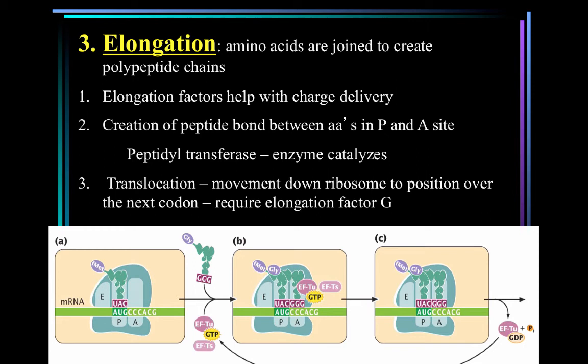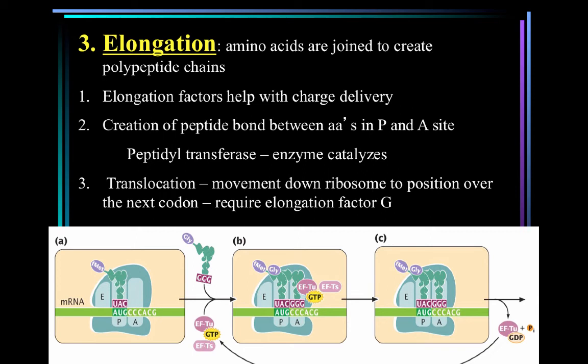And as the ribosome is moving from codon to codon on the mRNA strand, we are creating peptide bonds between the amino acids that are residing in the peptidyl site or the P site, as well as the A site. And the enzyme that is doing that process is called peptidyl transferase, and that is going to be an enzyme catalyst.